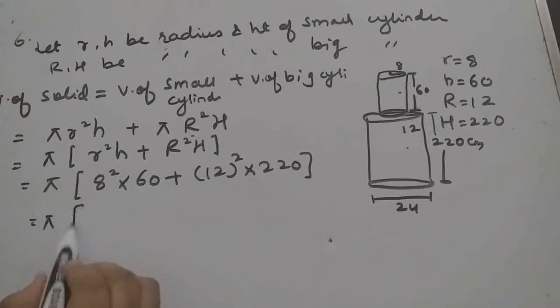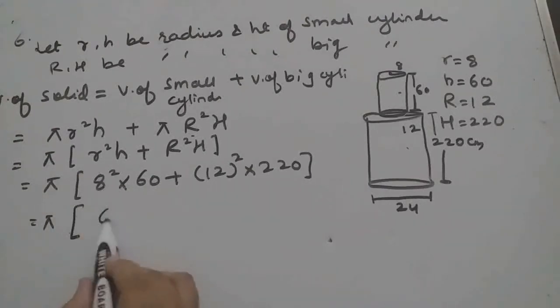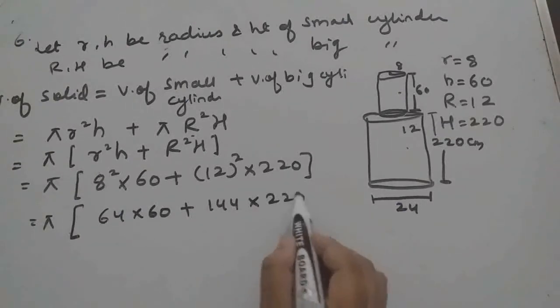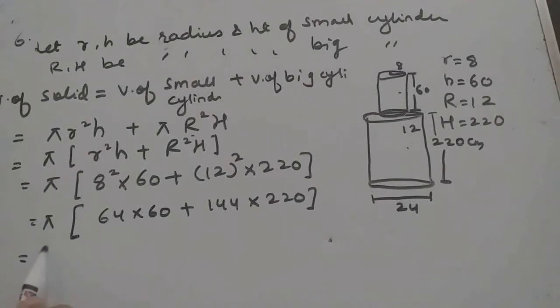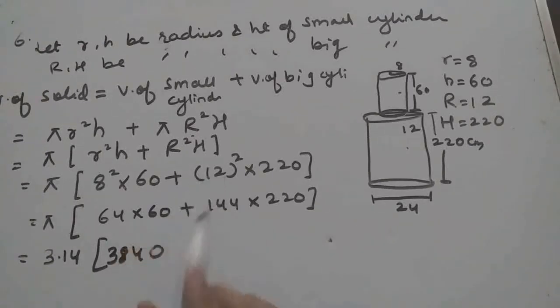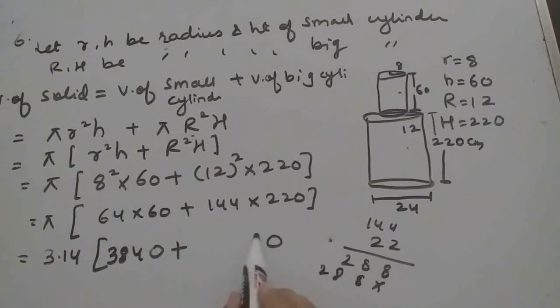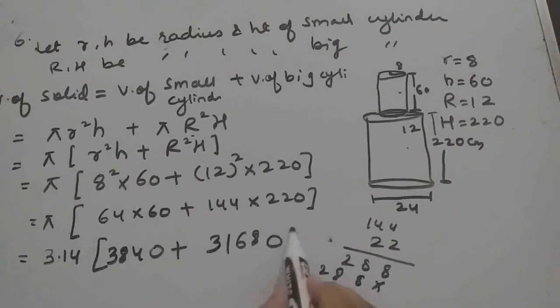So pi into 64 into 60, plus 144 into 220. Pi is given, you should use 3.14. We will multiply afterward. 64 into 60 is 3840, and 144 into 220 is 31680.